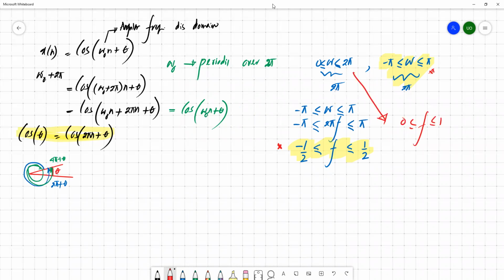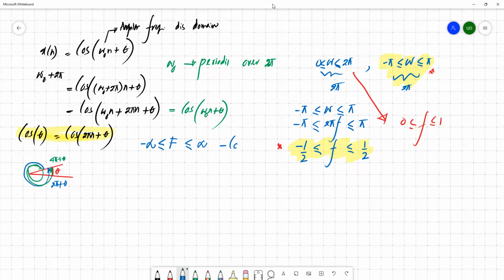Okay, so then from this what we can see, we found that capital F, the frequency in continuous domain, lies between plus infinity and minus infinity.